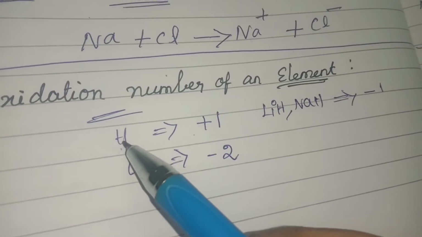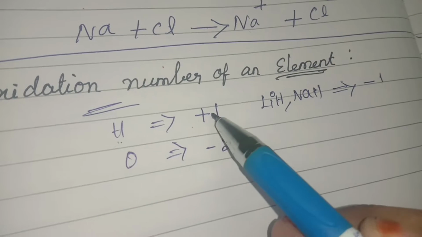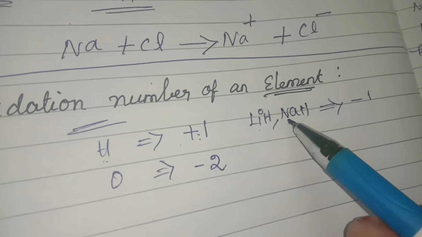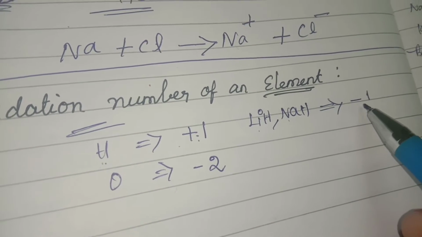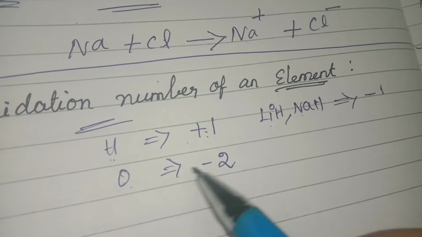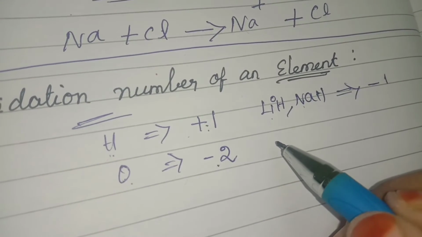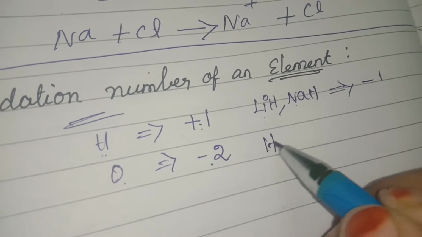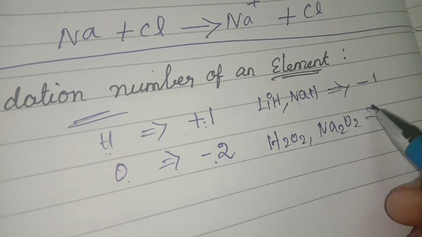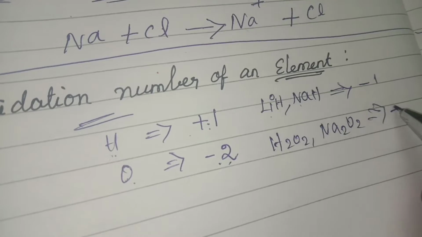Usually the oxidation number for hydrogen is +1, but in lithium hydride and sodium hydride it is opposite, it is having -1. Like that, oxidation number for oxygen is -2, but in peroxides, for example hydrogen peroxide, sodium peroxide, the value is opposite, -1.